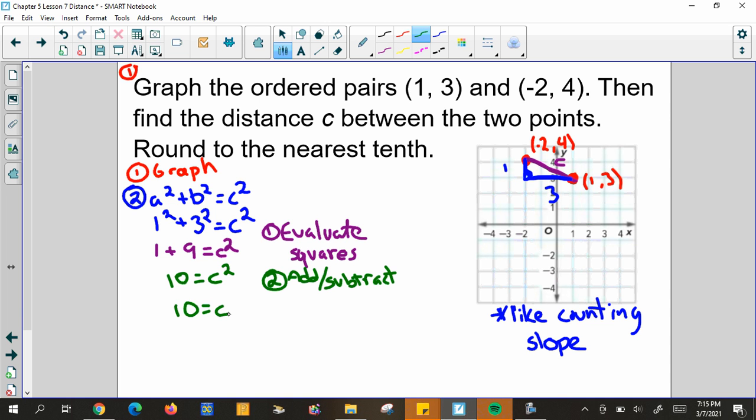To finish, we find the square root. And once we find the square root of 10, we will have our answer.